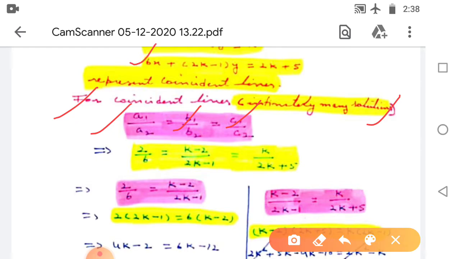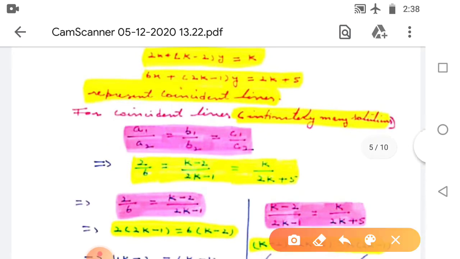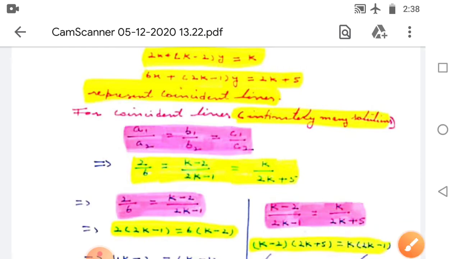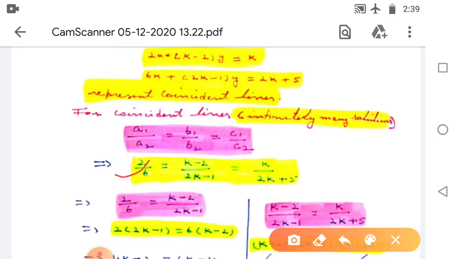So here a1 is 2 and a2 is 6. So k minus 2 is your b1 and 2k minus 1 is your b2, and k is c1 and 2k plus 5 is c2, right? So taking first two equalities here, 2 upon 6 is equal to k minus 2 upon 2k minus 1.